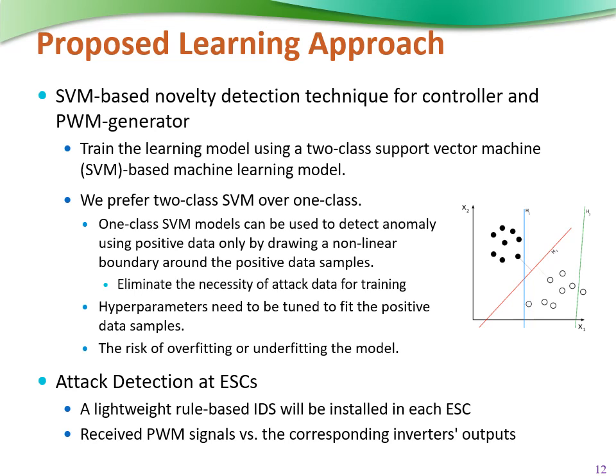We will use the 2-class SVM here. Although a 1-class SVM can do anomaly detection just using the positive data, drawing a non-linear boundary around the positive data samples to find the anomaly, the hyperparameters they use, if there is any error in the estimations, can create overfitting and underfitting issues, and this problem is much higher in the case of 1-class SVM than 2-class SVM.